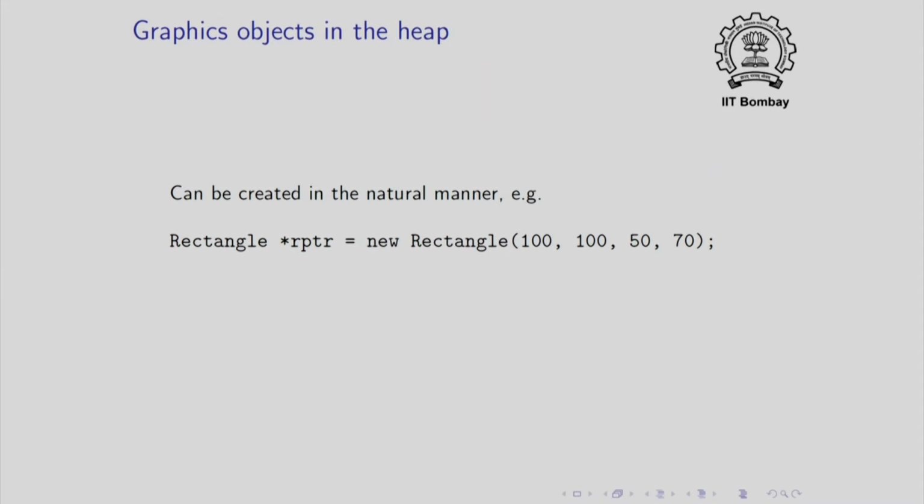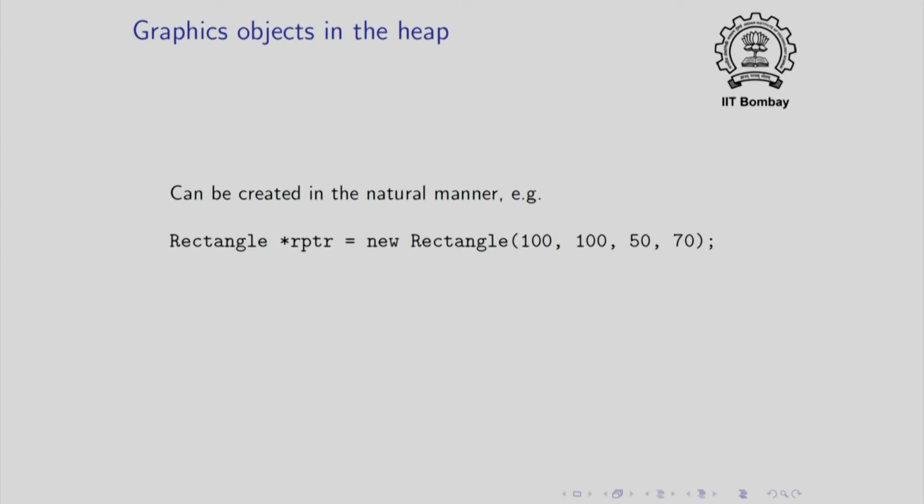You also know that in this form that we are calling, the rectangle will be constructed by an appropriate constructor which takes 100, 100, 50, 70 as the arguments.